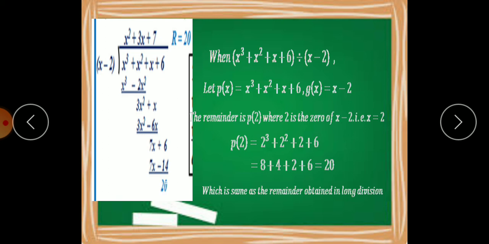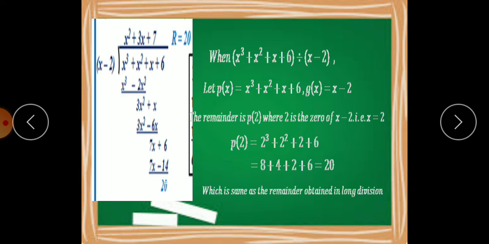When we reach that stage, we stop the division and we call that term a remainder. So in this question, when we perform long division for x cube plus x square plus x plus 6 by x minus 2, we observe here that the remainder is 20.